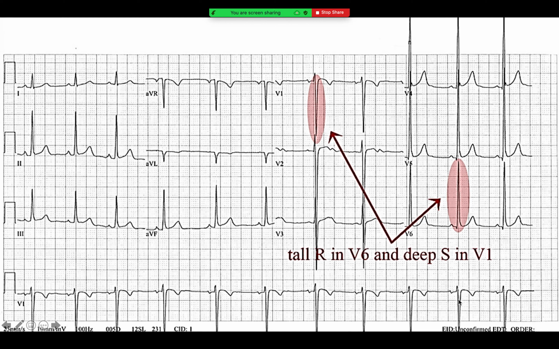So it is left ventricular hypertrophy criteria. Rest, axis wise, it seems fine. Rest all is good. So what should you think of? Coarctation of aorta.